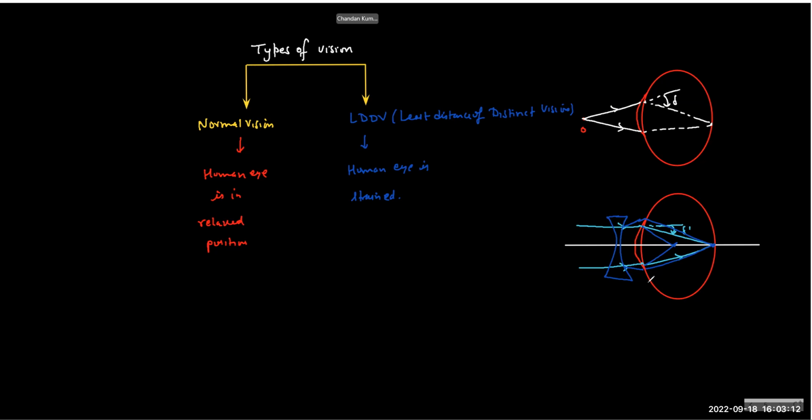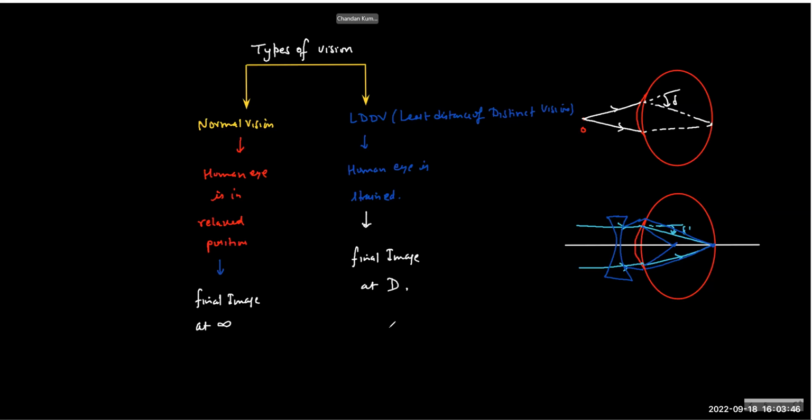Okay. The other things are also there. So we need to understand the normal vision and the least distance of distinct vision. In normal vision, what we want to achieve is the final image at infinity. But in the LDDV, what we want? Final image at where?